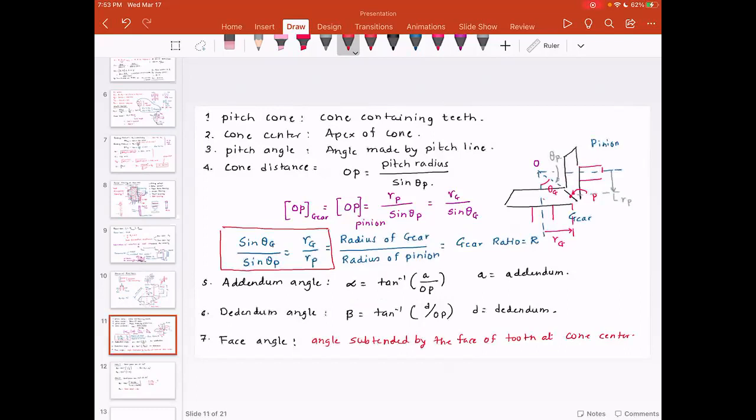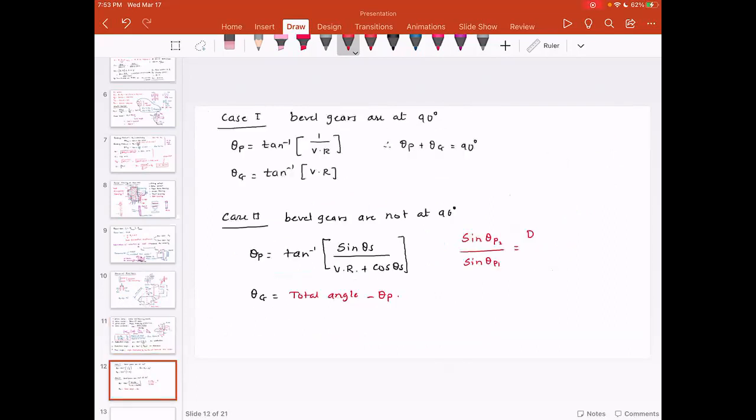Instead of r, we are going to multiply that by 2. So this becomes d, so let me just make this dg, and p is dp.